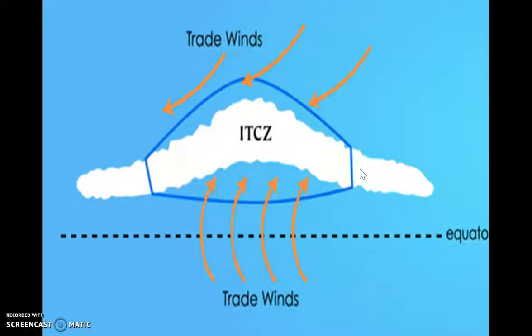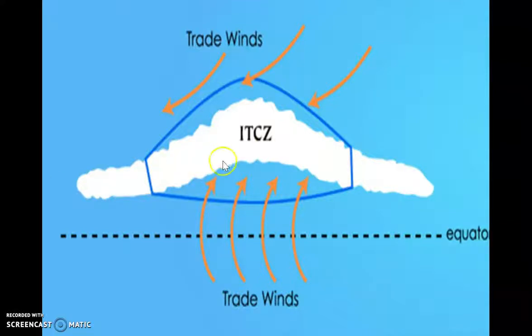Number two, we have a significant amount of rainfall. Number three, we have gusty to gale force winds. We have high humidity. Good. We also have thunderstorm conditions, especially if the system becomes very, very unstable. All right. This is a major powerhouse in terms of energy transfer in the world, which is very, very important.